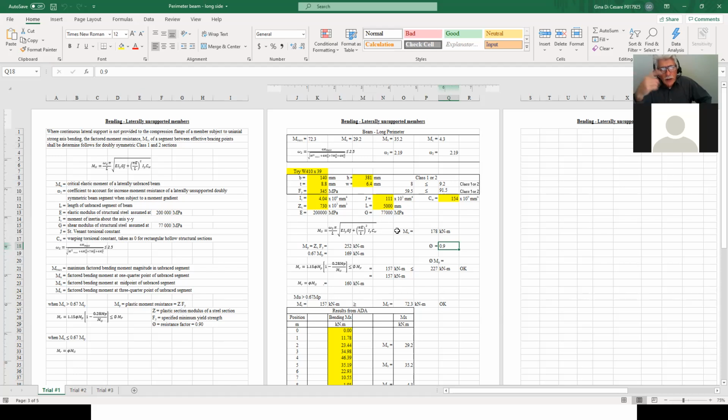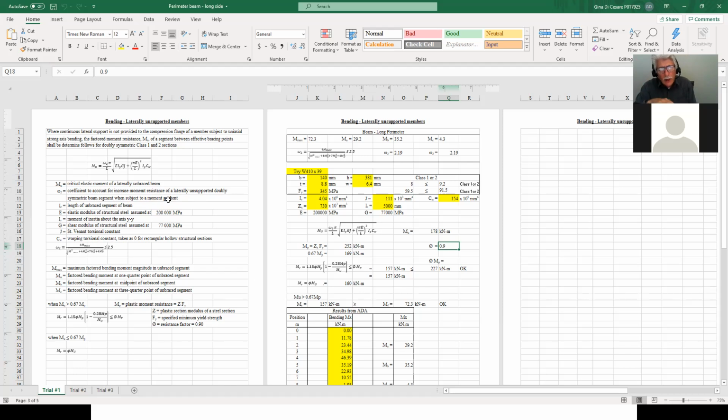The only difference is that the values in that table are relatively conservative. They don't account for any gain in what they call the omega 2 coefficient, to account for increased moment resistance of the laterally unsupported doubly symmetric section due to the moment gradient. So what they do is they say the moment gradient in there is 1. So those values that you get from that beam selection table are on the conservative side.